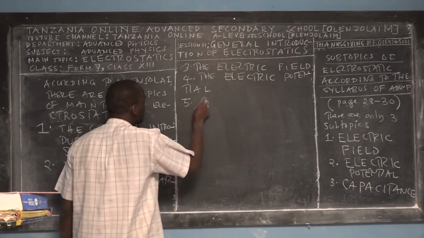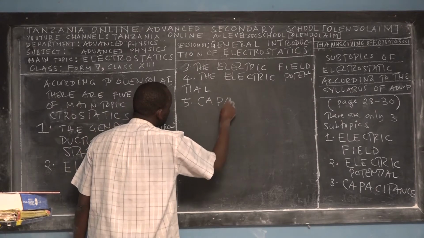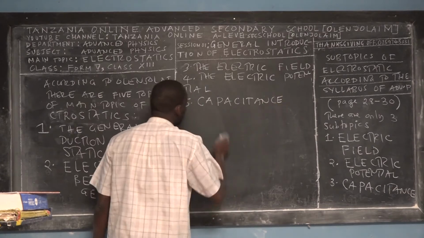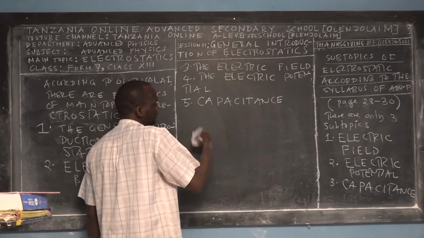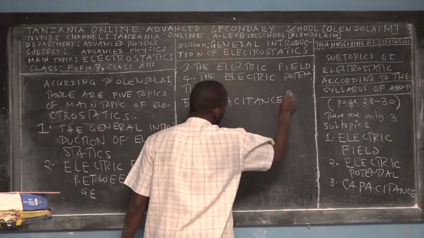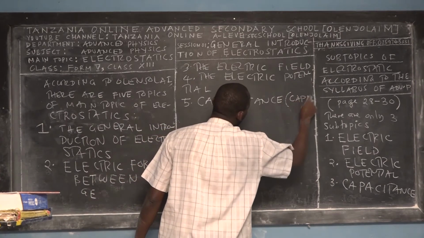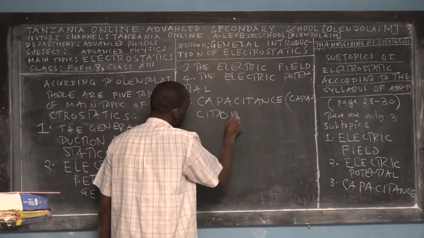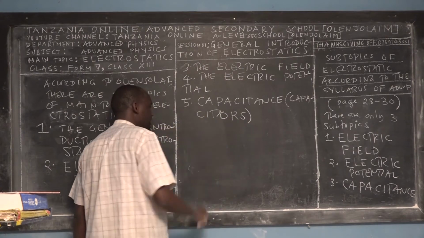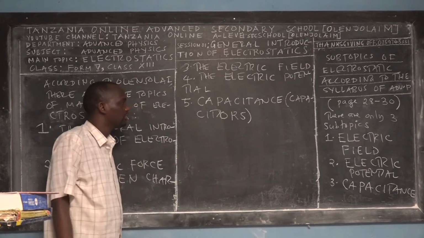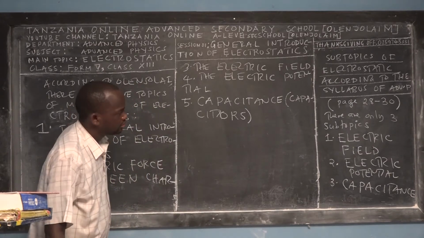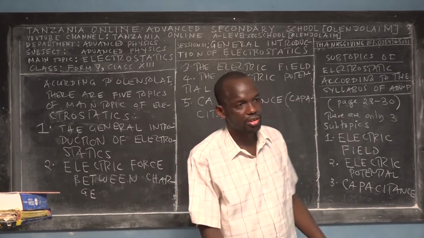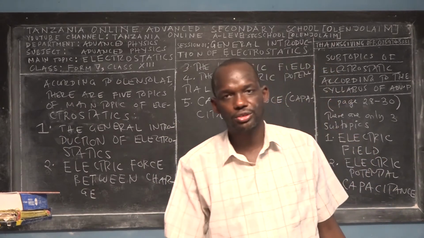And the last one, we are going to teach about capacitance. In some of the books, this topic is called capacitance. We will be learning about capacitance to a great extent. Well, so those are the subtopics or topics of the main topic of electrostatics.